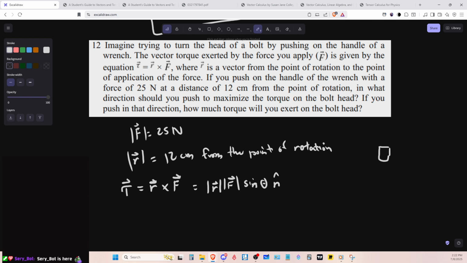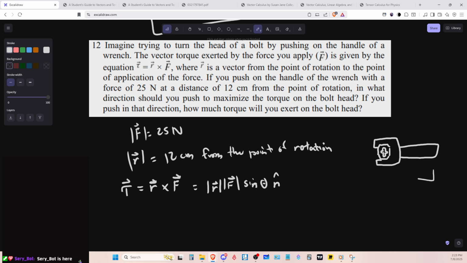So let's imagine this is like that. And then we have the wrench here, like that. Let's just make the bolt like that.